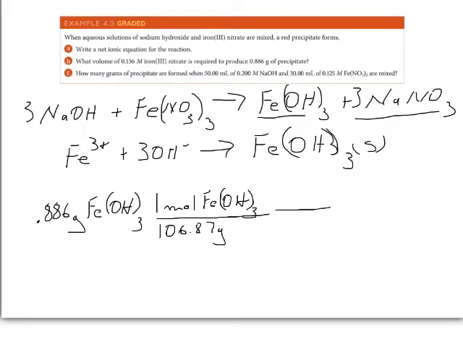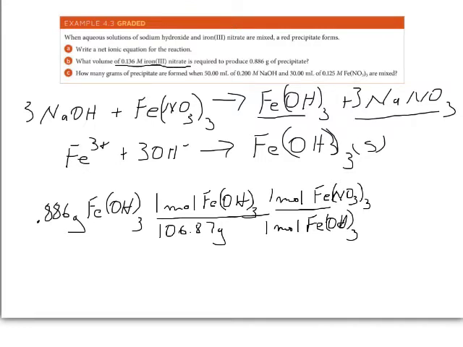And then there's 1 mole of iron 3 hydroxide for every 1 mole of Fe(NO3)3. And now I'm given up here the molarity of the iron 3 nitrate.